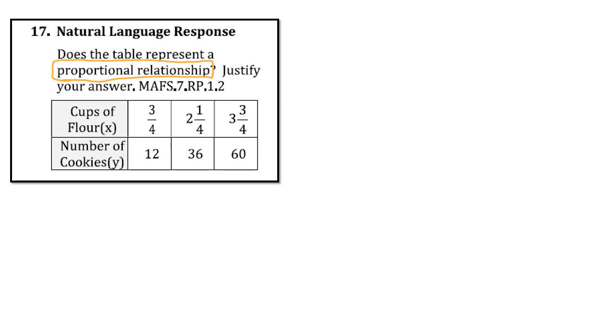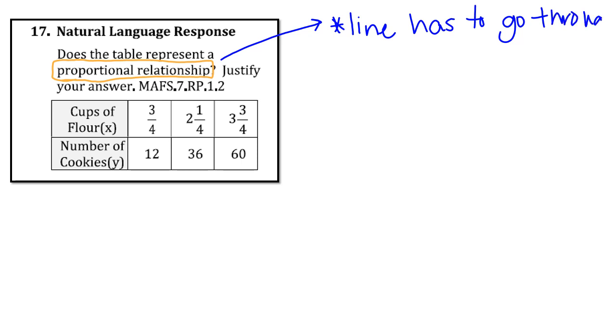Proportional relationships, remember, or graphs, when you're looking at a graph, there's a couple things that we have to make sure we remember. Our line has to go through the origin. And remember, the origin is 0, 0. So your line has to go through 0, 0 to be a proportional relationship.